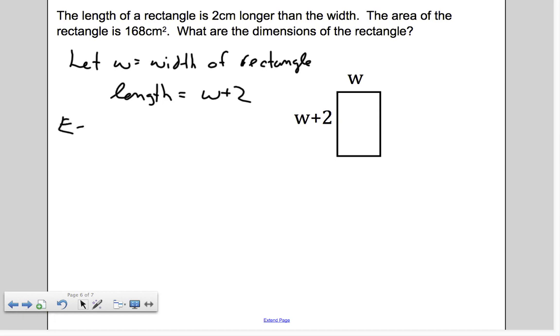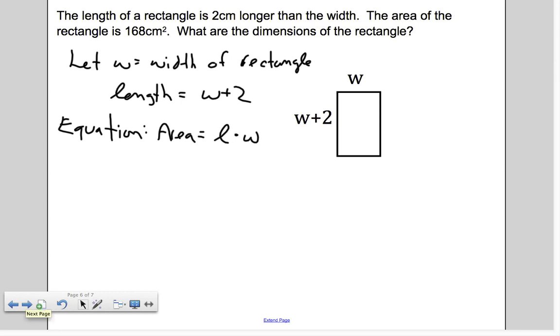So my equation is: area is length times width. Use the dot for times.